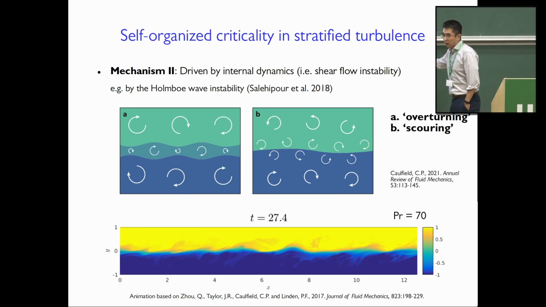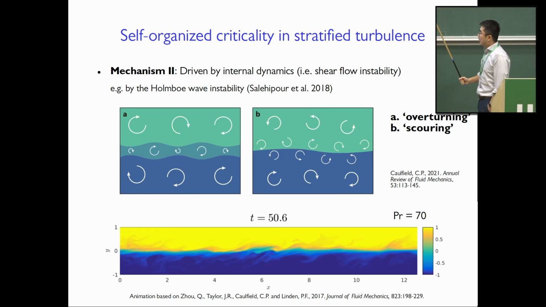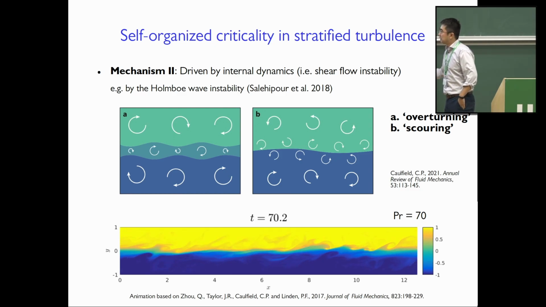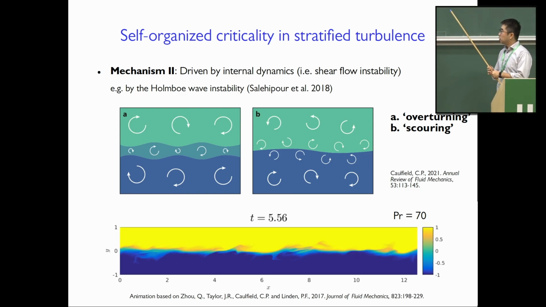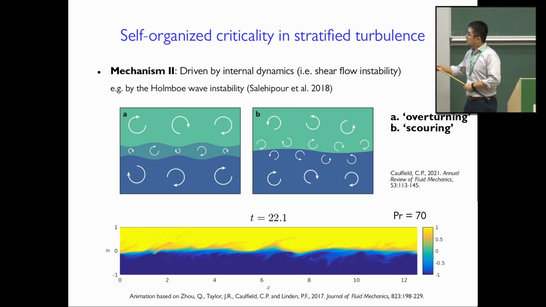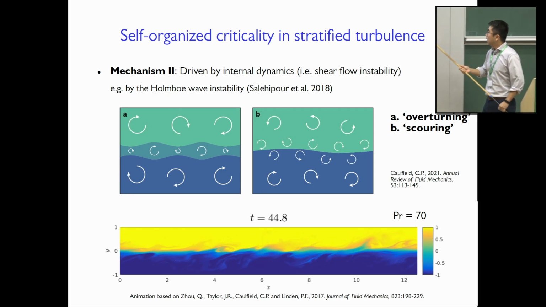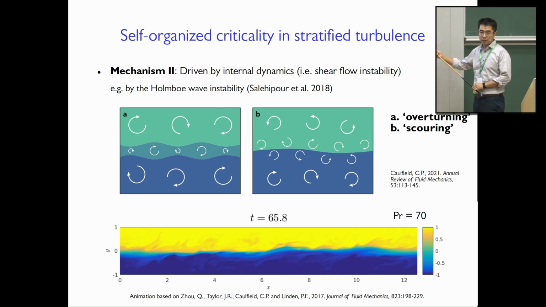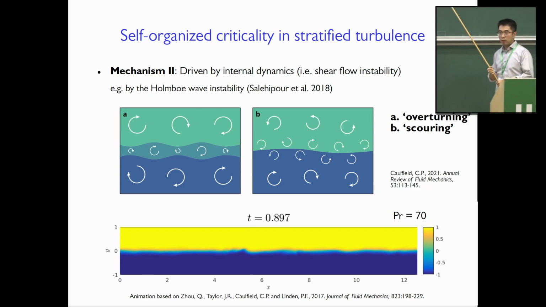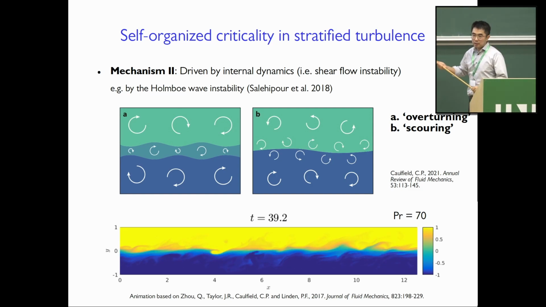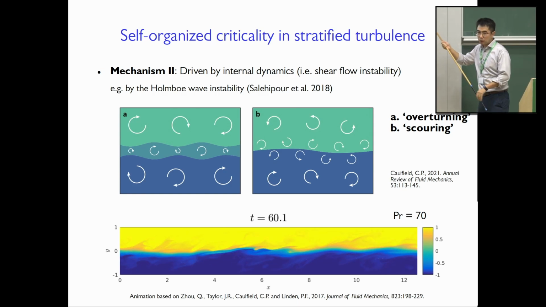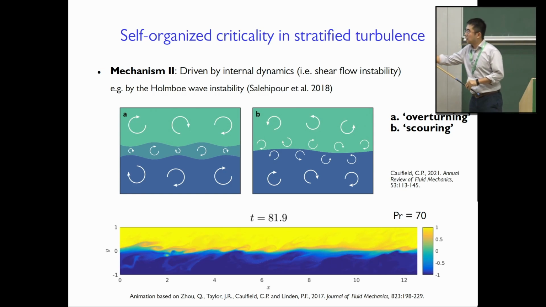You take the material away instead of mixing it up, and you keep that density interface very sharp. And I should mention that you don't get this kind of state if your Prandtl number is not this high. So the Prandtl number for heat in water is 7, and for salt in water is 700. So we made this fictitious fluid that has Prandtl number 70, and we get to this state, right?